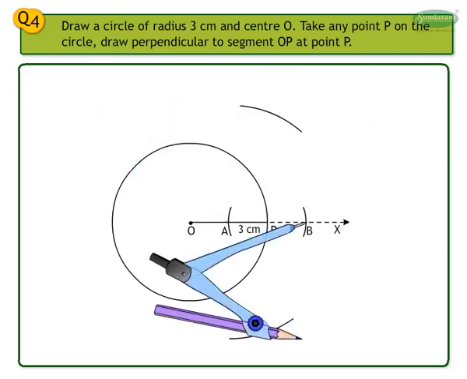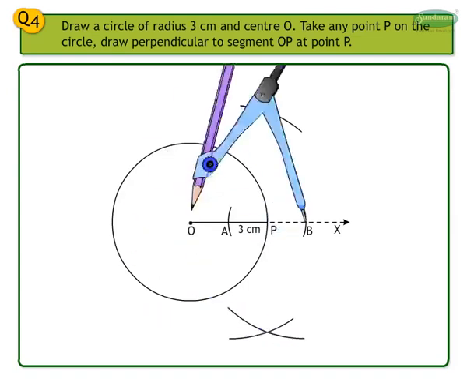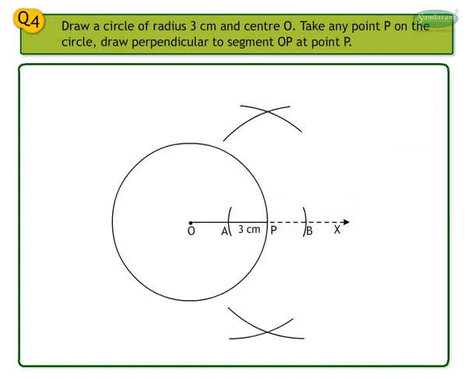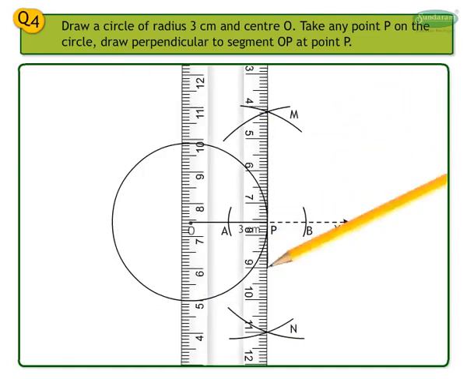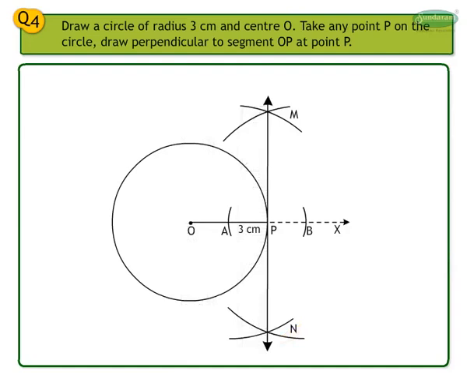Then take B as center and with the same radius draw arcs intersecting the previous arcs at points M and N. Draw line MN to intersect ray OP at point P. Hence, line MN is perpendicular to segment OP at point P.